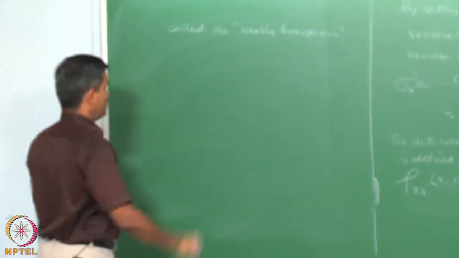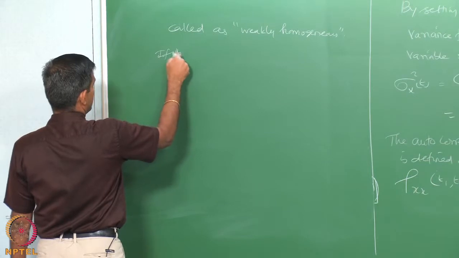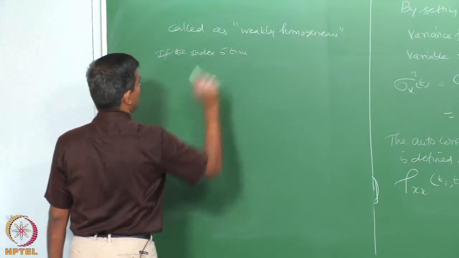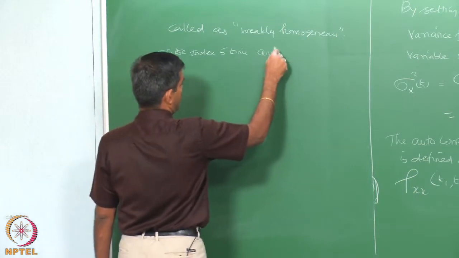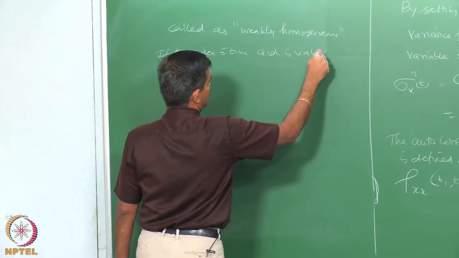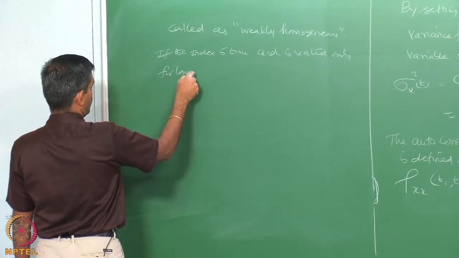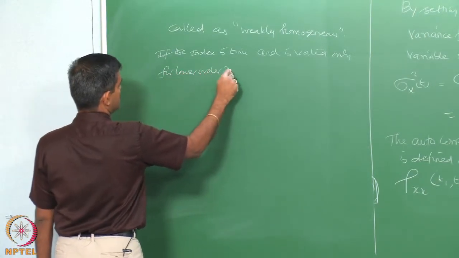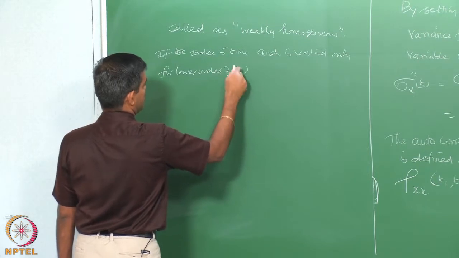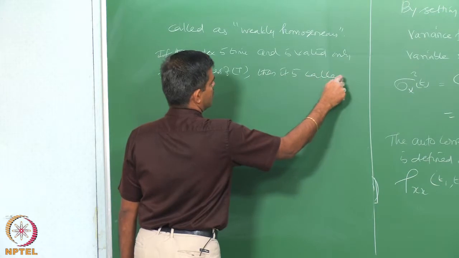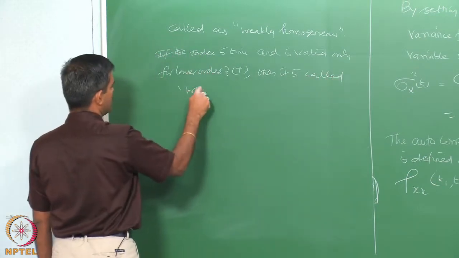Further, if the index is time and it is valid only for lower orders, then it is called weakly stationary.